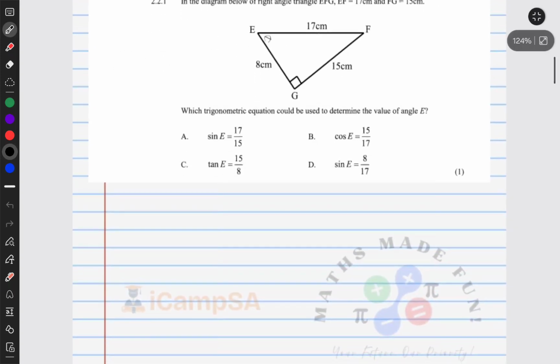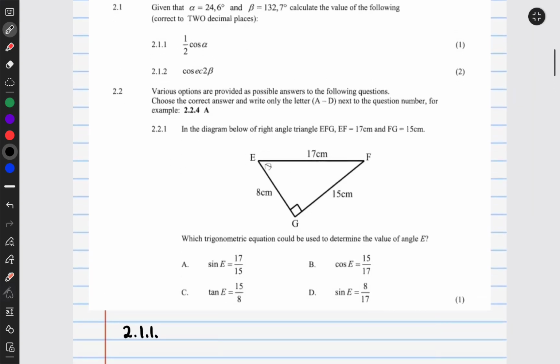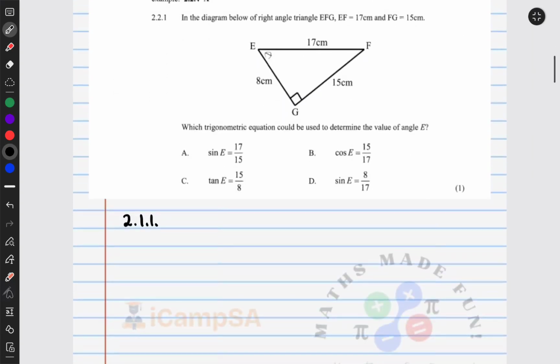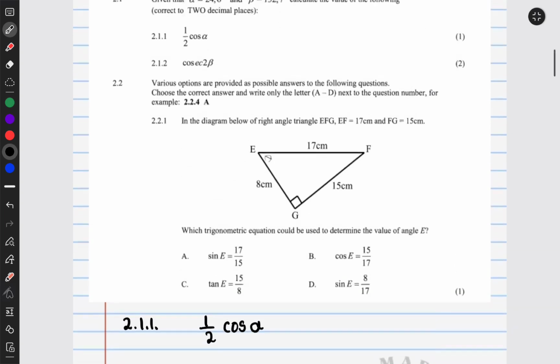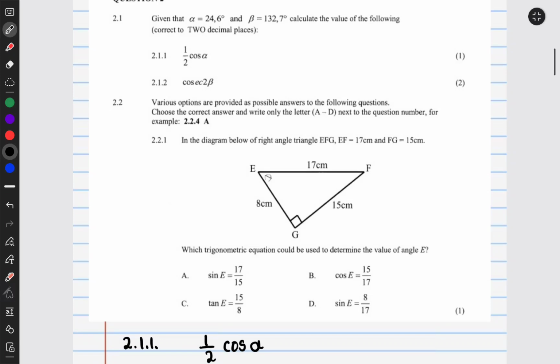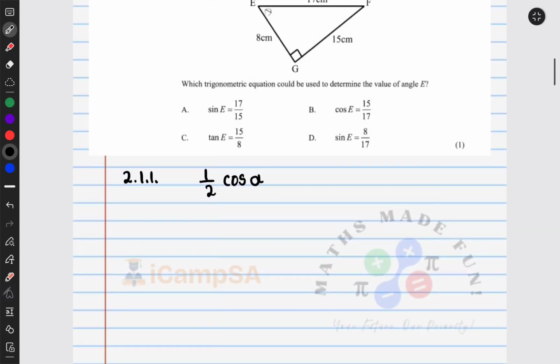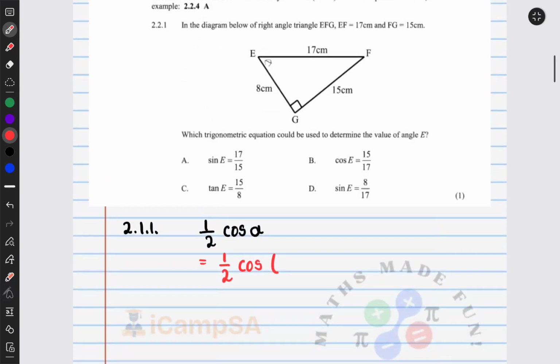So for 2.1.1, we have 1 over 2 cos alpha. What is alpha? Alpha is 24.6 degrees. Let's substitute that. This is going to be equal to 1 over 2 cos of 24.6 degrees.